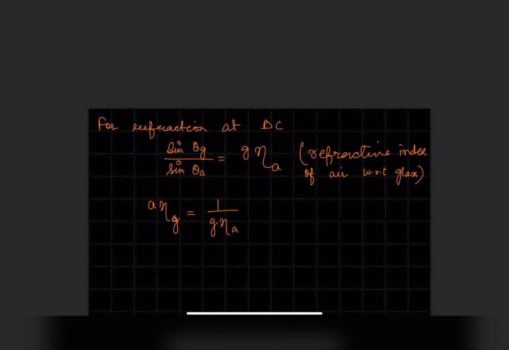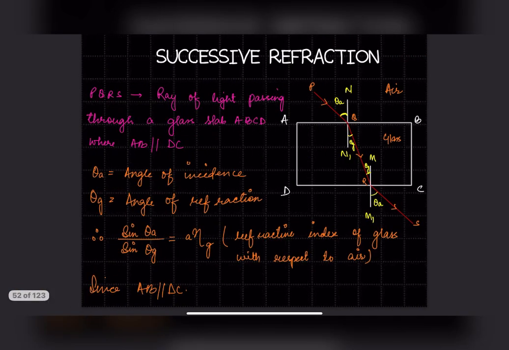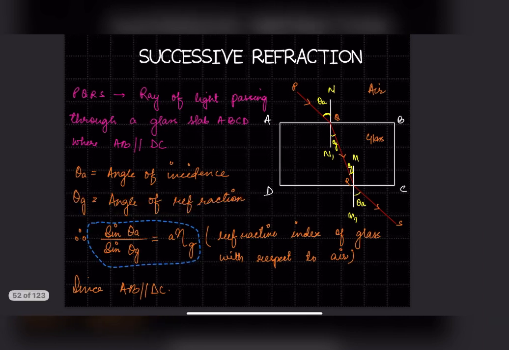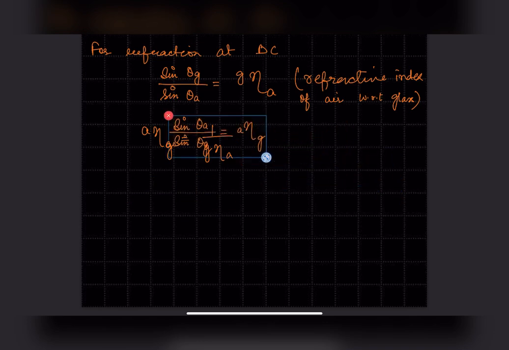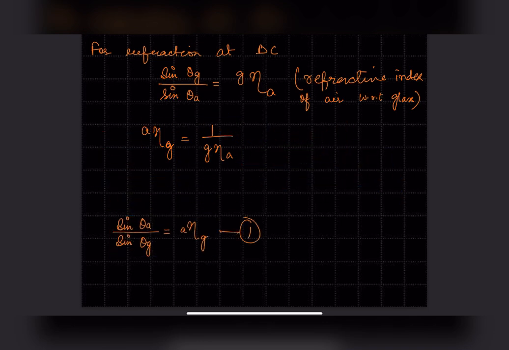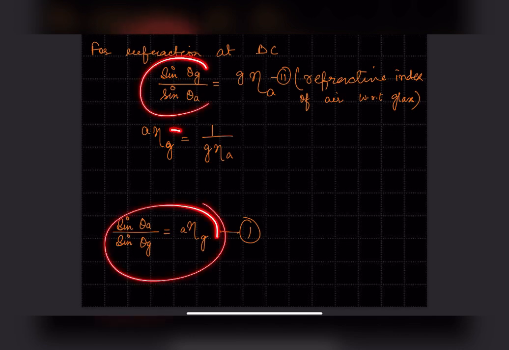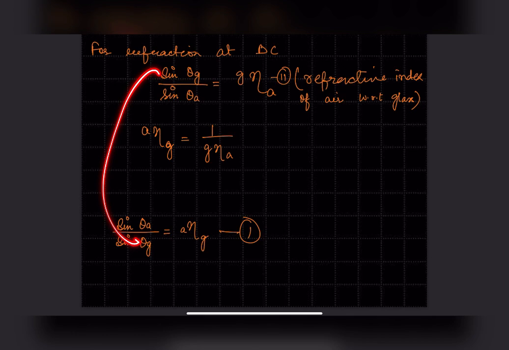Okay, how from these two equations, look, I've taken from before, this one and this two. From these two equations, can I combine these two? Look, theta A by theta G is this one and theta G by theta A, this is the opposite of one another, right?